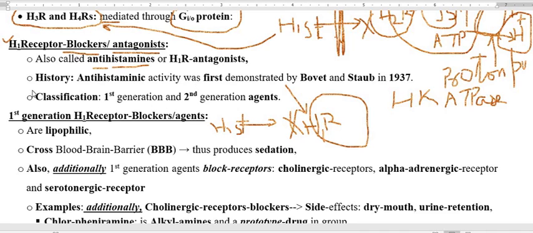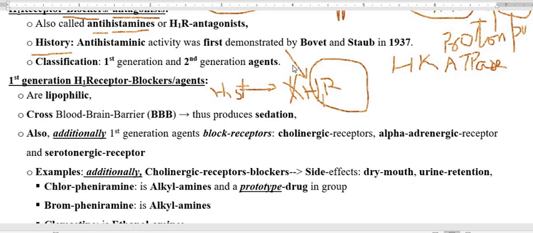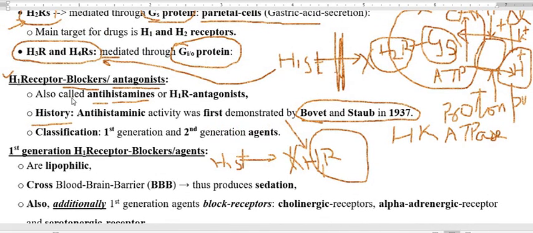Regarding the history of antihistamines, antihistaminic activity was first demonstrated by the scientists Bovet and Staub in the year 1937. So this is very, very important. Now we have to go through the classification of H1 receptor blockers or antagonists.